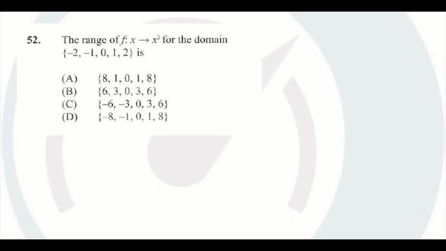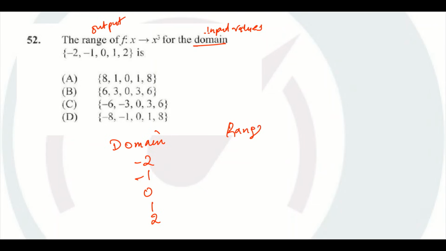We know that the domain is the set of input values, and we know that our range is the set of the output values. So our domain here is negative 2, negative 1, 0, 1, 2, and the range we get with x cubed.